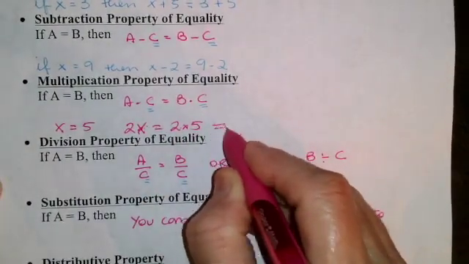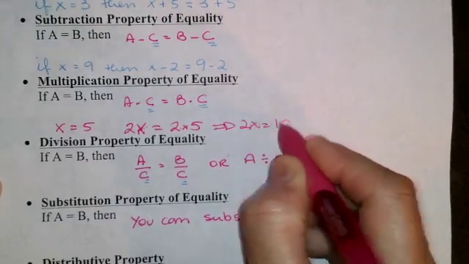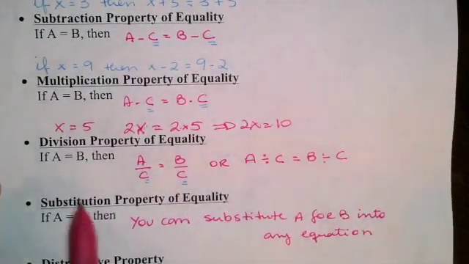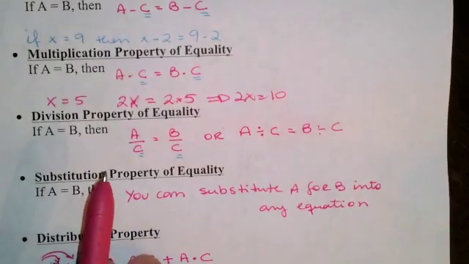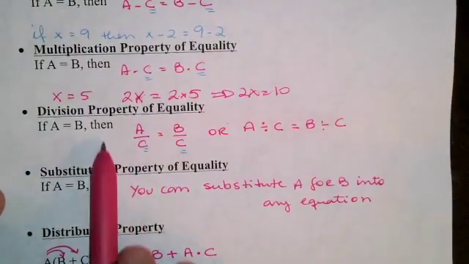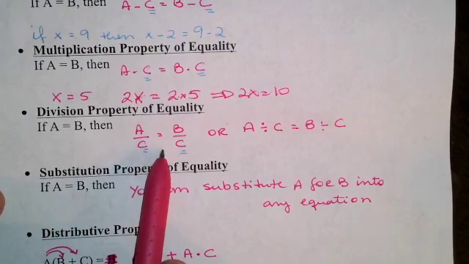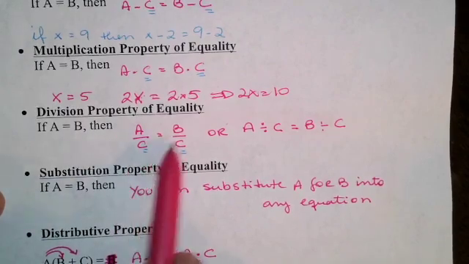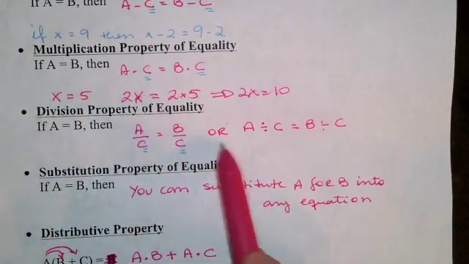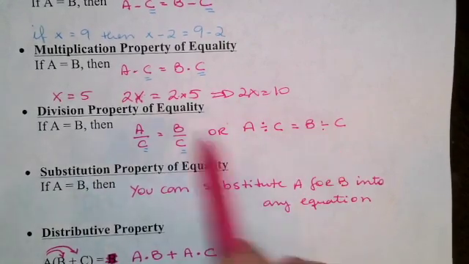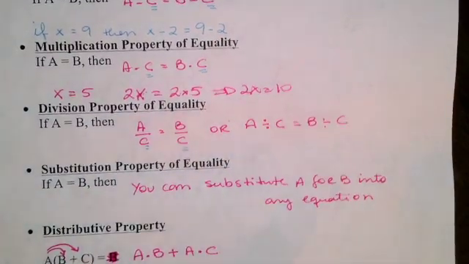Then it would be 2x equals 10. Okay, division. If A equals B, then A divided by C equals B divided by C. Or you can put a notation like this. You can fraction it or use the division symbol.